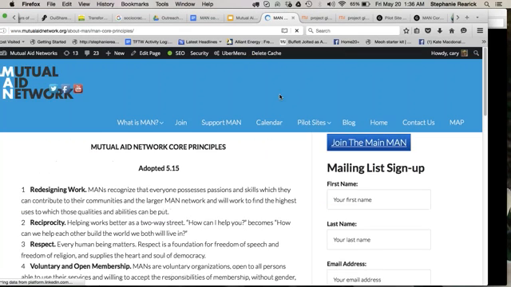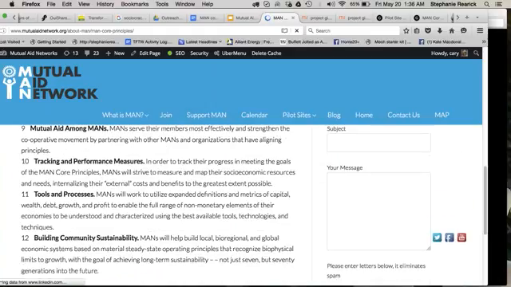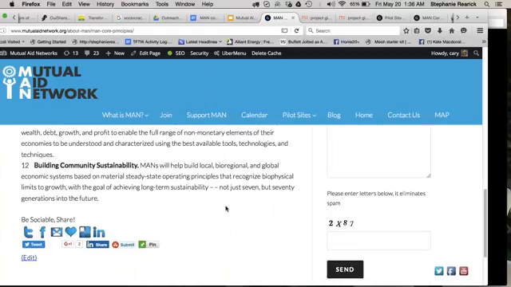I hadn't seen that in there, but yes, absolutely. Number 12 is key. Yes. I don't think you'll find number 12 in any other cooperative charters or core values. If you will, it's very limited and local. So we want to integrate that from the very beginning. Yeah, that's great.